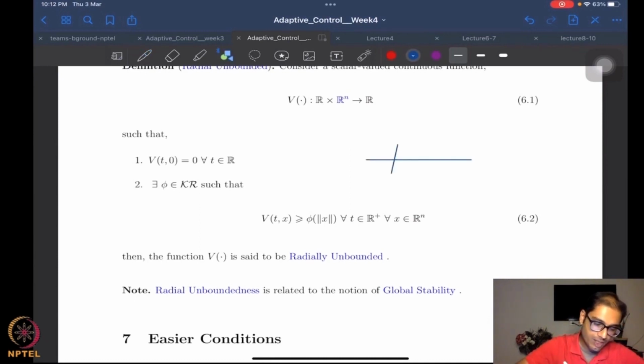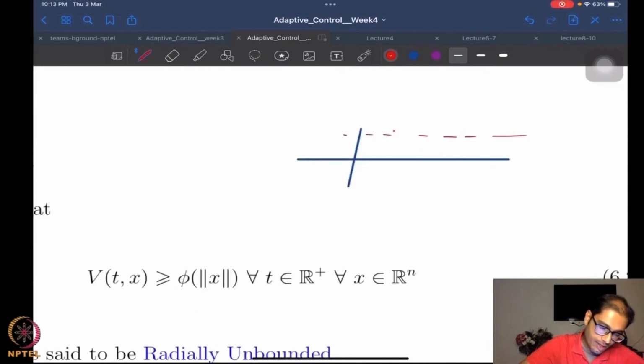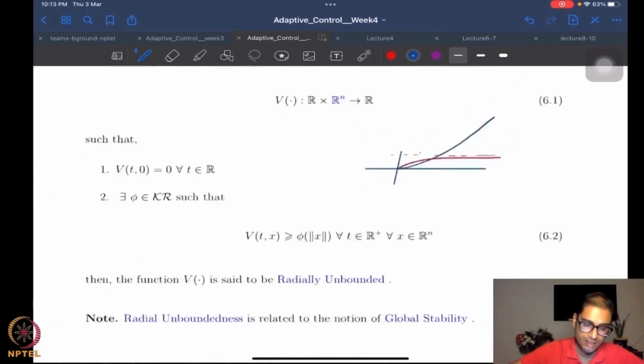If you have a class K function, you're allowed to have something like this, a function which grows, but stays bounded below this. So it's always increasing but stays bounded. On the other hand, a class K-infinity function has to be something like this. It keeps growing and goes to infinity.